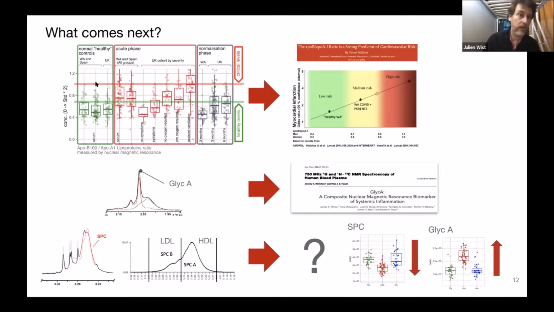Even in the normal or healthy controls, we still have people who by those standards are at risk. What we were interested in is to estimate whether infection by COVID would shift some of those populations into a higher risk area.